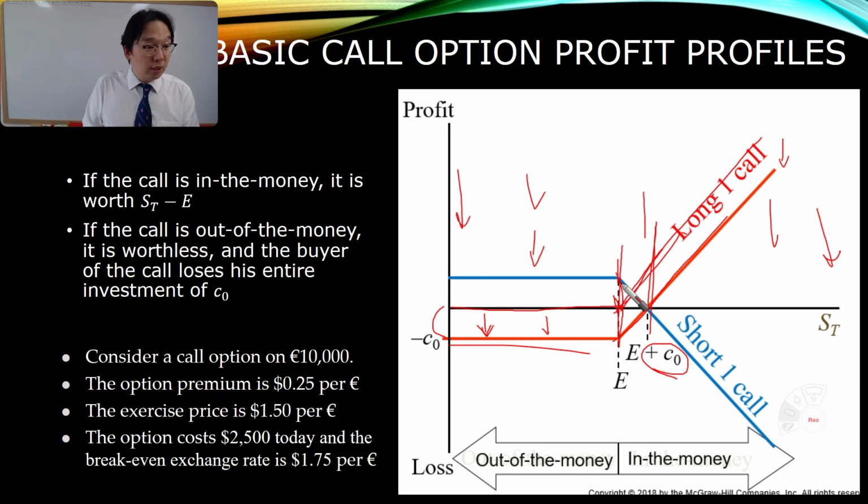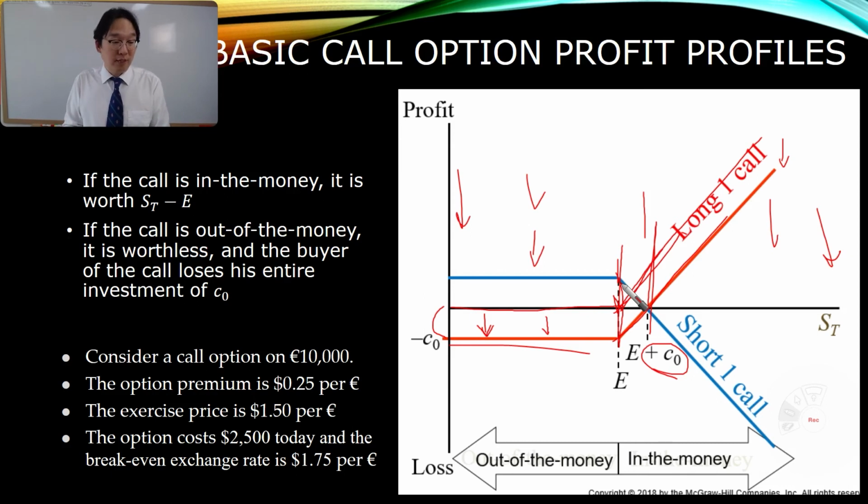Anyway, consider a call option on 10,000 euros. The option premium is 25 cents per euro, and the exercise price is $1.5 per euro.